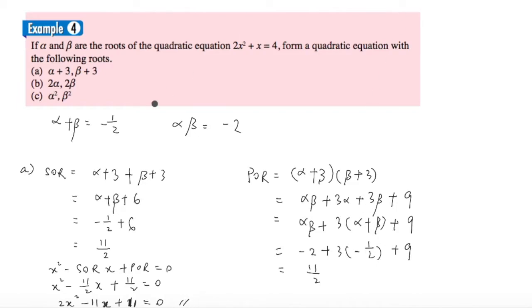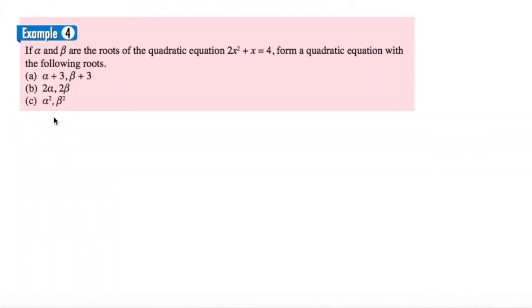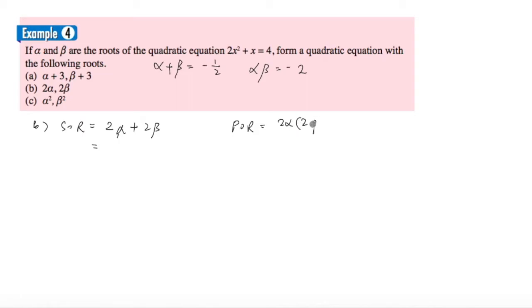Okay, let's see part B, but this information we copy down. Alpha plus beta from here is negative 1 over 2. Alpha beta is negative 2. For B, the sum of roots equals the new roots added together. For the product of roots, left and right, both roots, one is plus, one is multiplied.